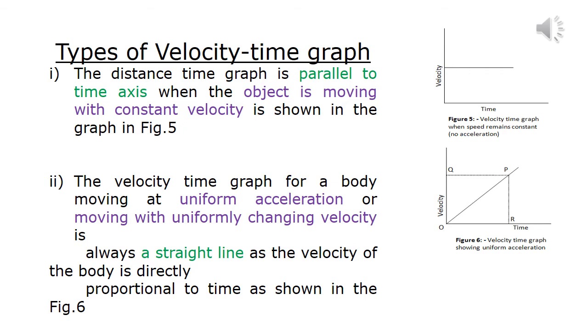Here the time is changing and the velocity is also changing, unlike the previous case, but the change in velocity is uniform. That's why it is giving us a straight line. But the velocity time graph of an object with non-uniform acceleration will be a curve.